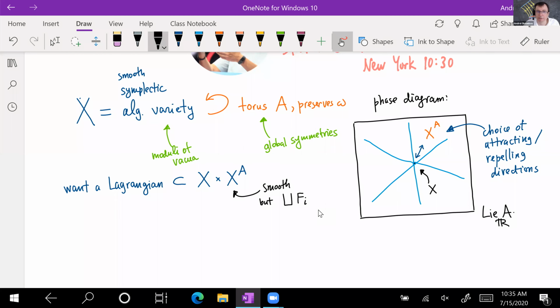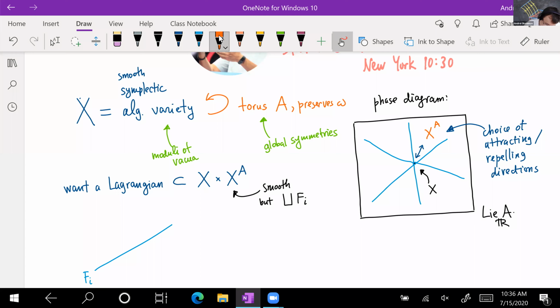Maybe call these F_i, the fixed loci. If X is a vector space, which is the most familiar setup for physical theories, then near one component, call it F_i, it's just a vector subspace.